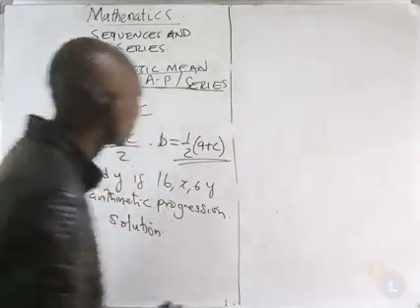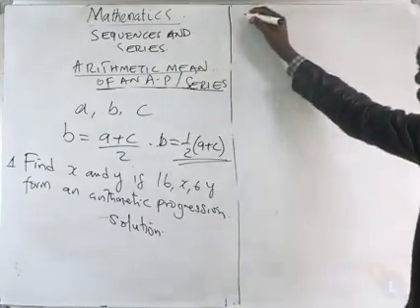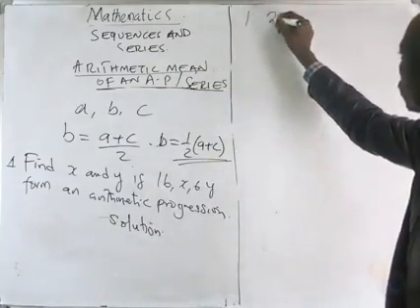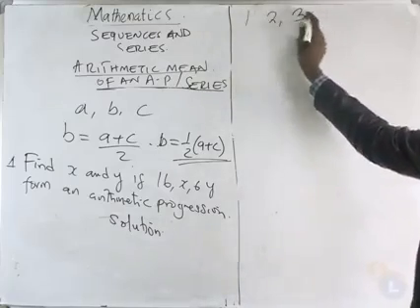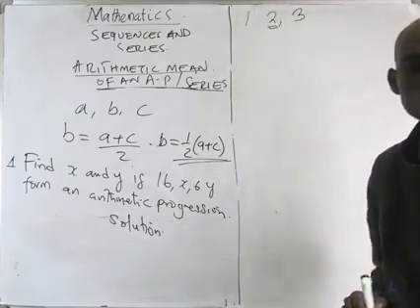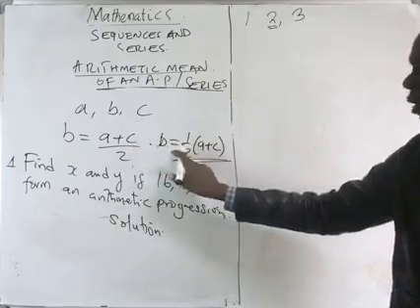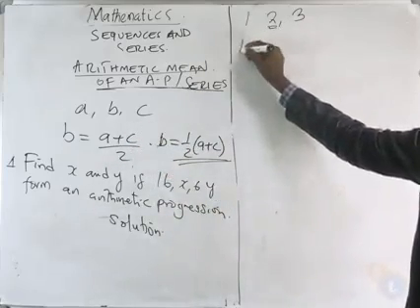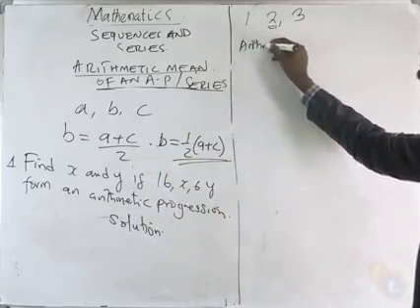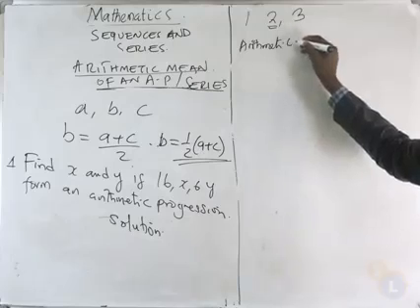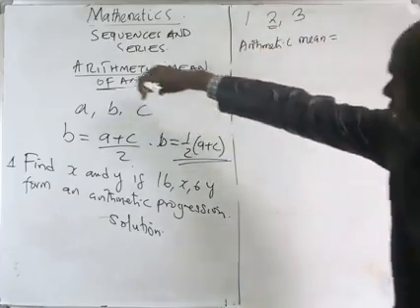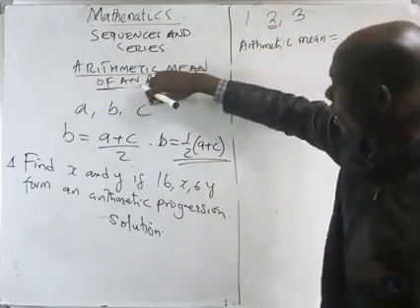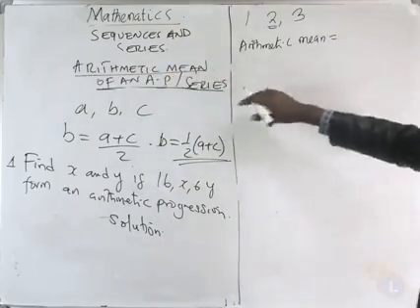This is true even if I want to look at 1, 2, then 3, and we are told to find the arithmetic mean. The arithmetic mean of 1, 2, 3 is that number in the middle, which is 2. You can even verify by the formula. This number can be calculated by simply adding the first number and the last number, then you divide by 2.